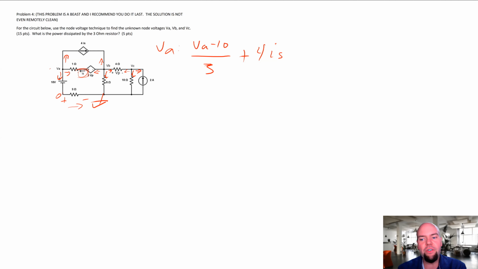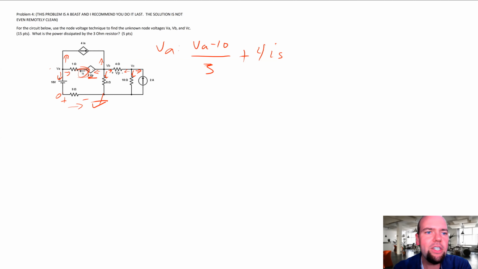Usually it's best, if you can write it without the dependent supply or without too many dependent supplies, to do that. We can do it either way. This one's a little weird because the voltage is dependent on VP and this current is IS, so you're going to get dependent no matter what. But eventually we're going to have to come back in and substitute for all these variables.